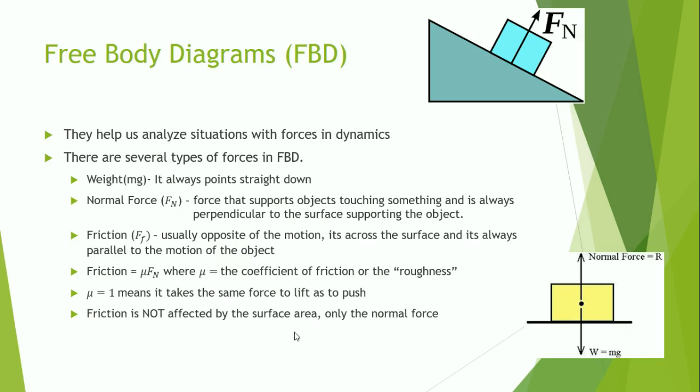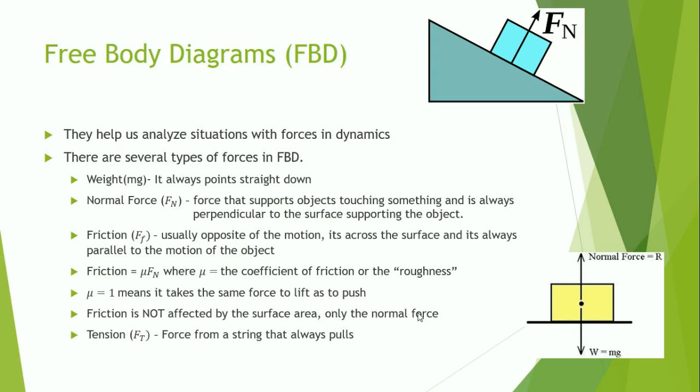This is interesting, but it's actually true. It makes sense because the greater you push down, the greater the friction is, which is exactly what this means: the normal force is the relationship with the friction. There is no calculation with surface area for friction. This is a weird fact, but it's true.